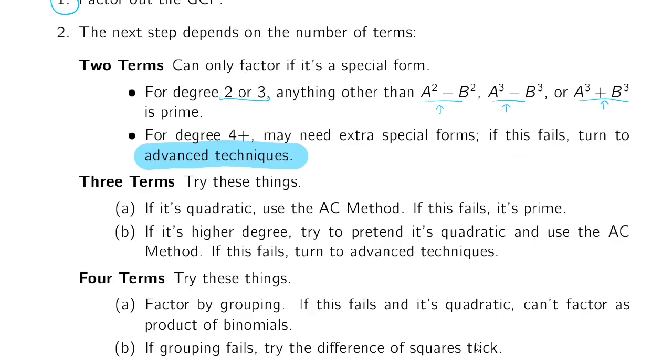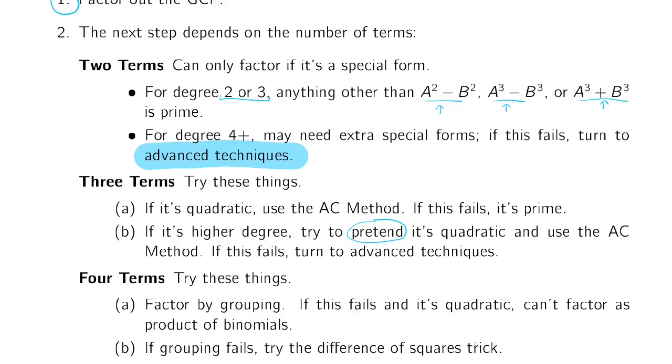3 terms. If it's quadratic, use the AC method. If we have a quadratic trinomial and the AC method fails, that was prime. If we have a trinomial of higher degree, we try to pretend that it's quadratic.